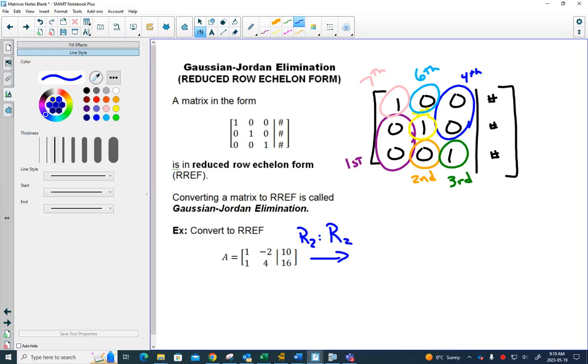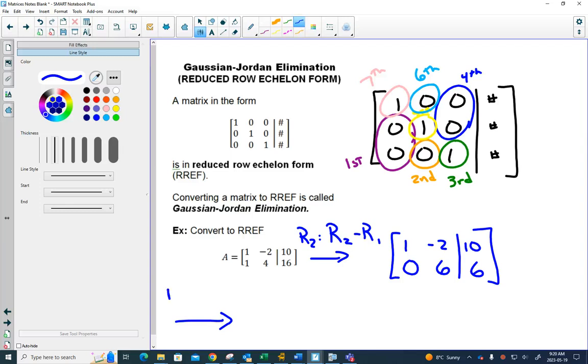So row 2 minus row 1. Perfect. That means row 1's not changing. 1, -2, and 10. And I get my 0 here. 4 minus -2, 6. 16 minus 10, 6. And we just keep doing arrows.